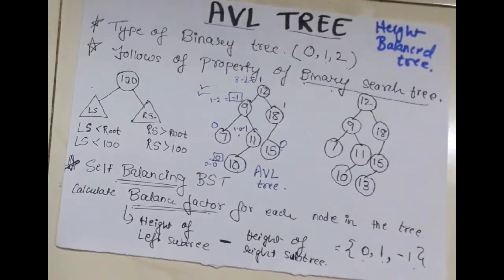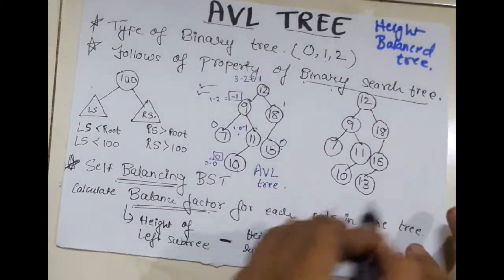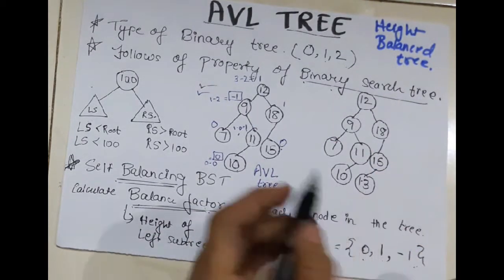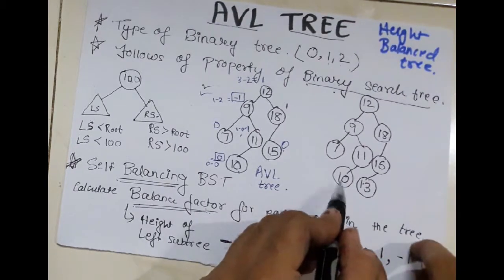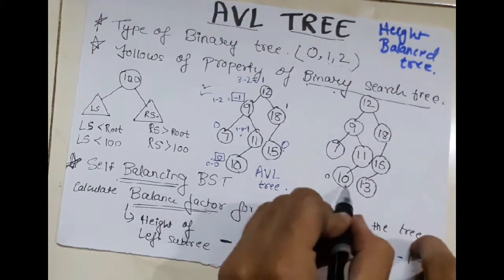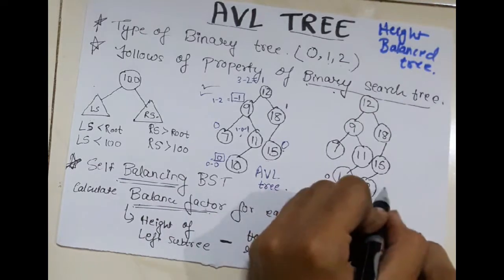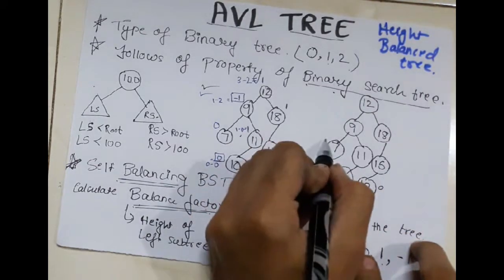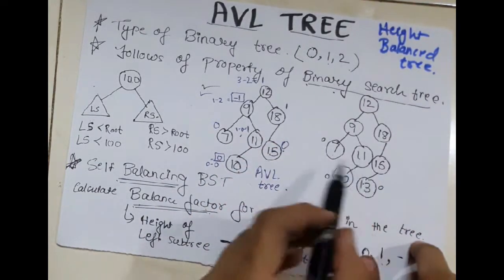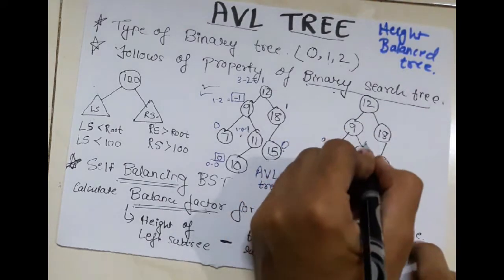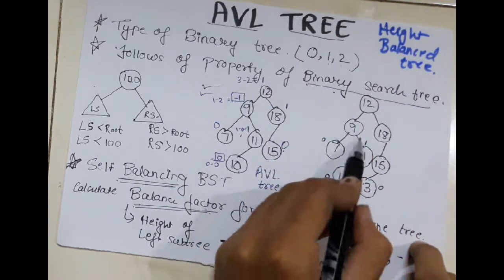Now, after inserting the new node, again we have to check the balancing factor for each node. So the balancing factor for node 10 is 0 because left and right subtree height is 0. For 13 also it is 0. For 7 also it is 0. For 11 it is 1 minus 0, so 1. For 9 it is 1 minus 2.